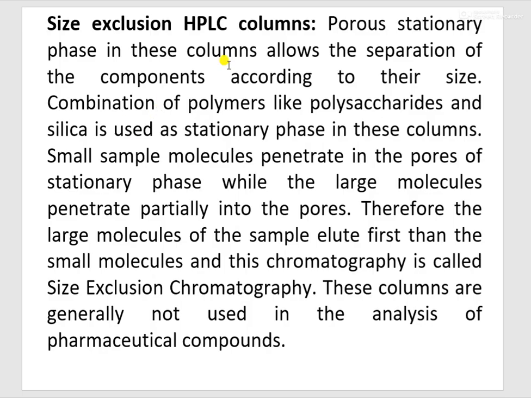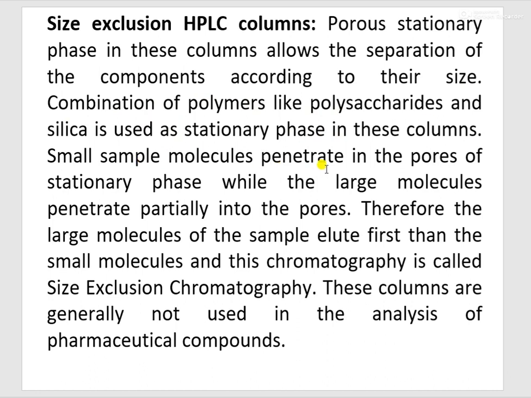Next is size exclusion HPLC columns. The porous stationary phase in these columns allows the separation of components according to size. So here in a size exclusion HPLC column, the separation will be based on size, and the stationary phase will be porous in nature. A combination of polymers like polysaccharides and silica is used as a stationary phase in these columns.